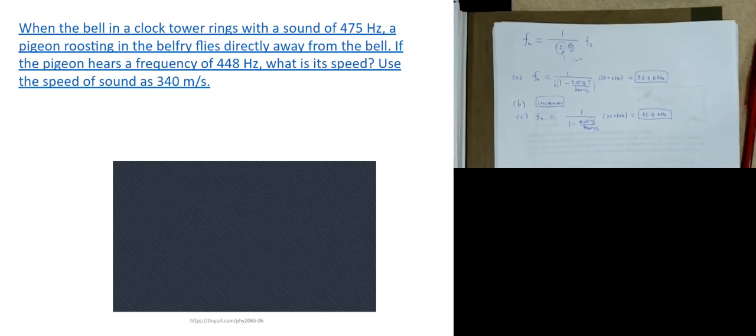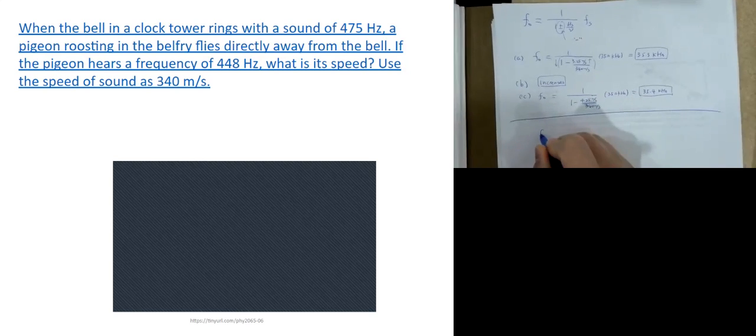Again, use the speed of sound as 340 meters per second. Now you are going to use the formula we just learned in the previous slide. So you're going to use f_O equals 1 plus or minus u_O over v, times f_S.